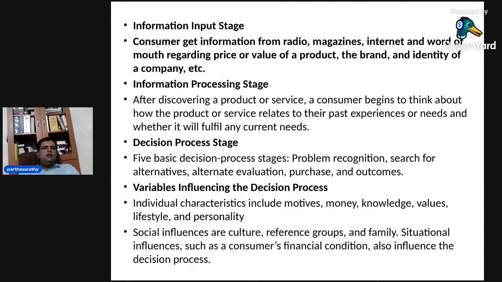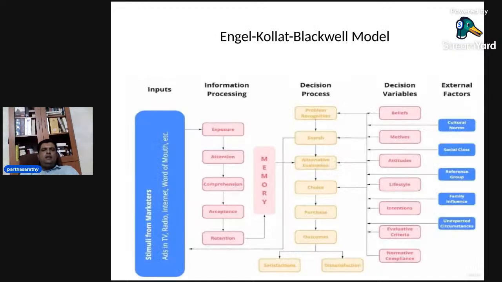The next one is the external factors, social influences and culture. Of course, those things that we discussed previously in this model, you can see the decision variables, belief, attitude, and all the lifestyle and all these things. So now we have external factors: the cultural norms, the social class, the reference group, family.